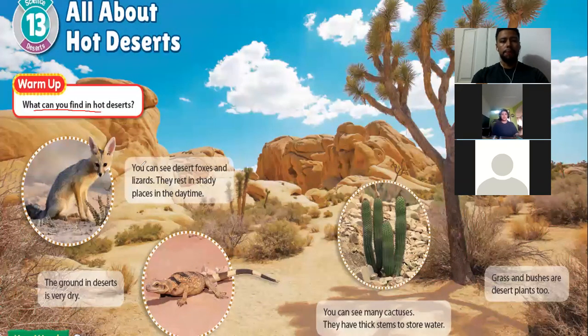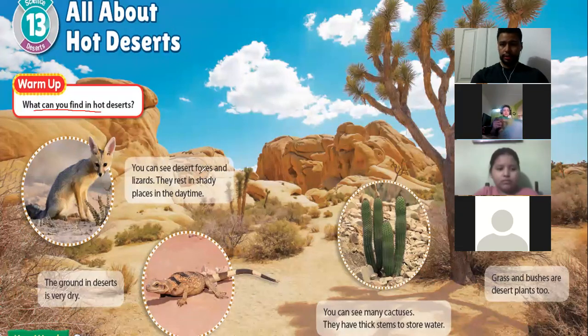Who can help me? Here it says, you can see desert foxes and lizards. They rest in shady places in the daytime. So I will help you. In this case, I'm going to underline the words. Which ones?